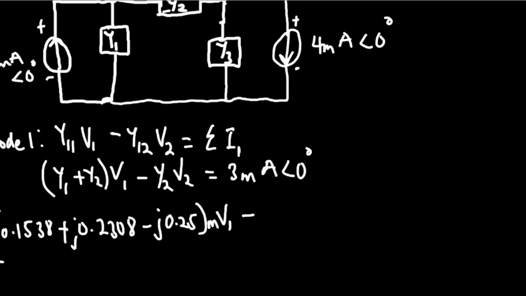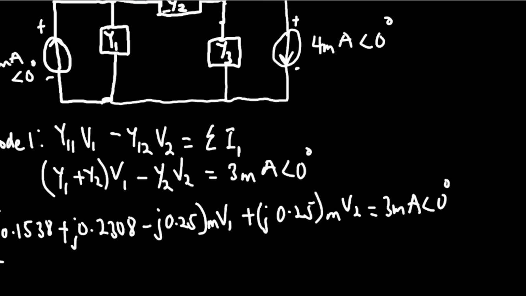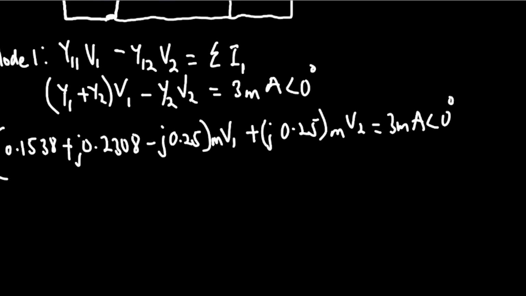Negative J, so positive J0.25, all in milli, V2 is equal to 3 milliamps angle 0 degrees. So I can simplify this whole thing: J0.2308 minus J0.25 is going to give us negative J0.0192.